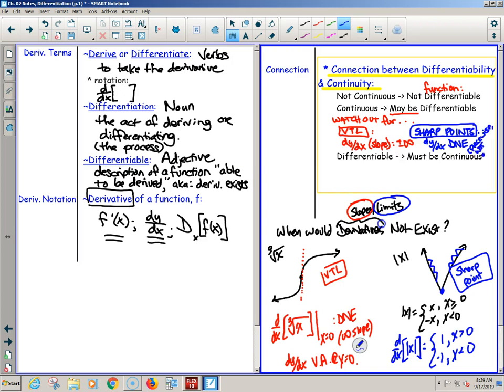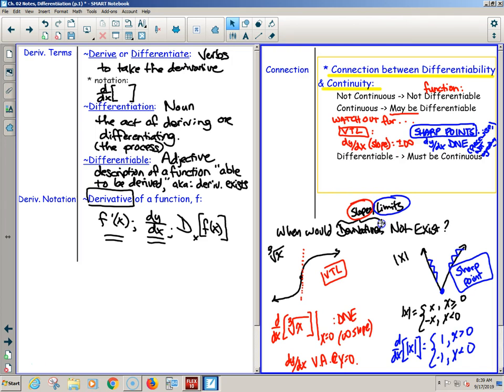Oh dear, sorry. That's rough. I apologize. But still, once again, you're just drawing your attention down here, being like, hey, the slopes do not agree. So this one, the slope does not exist. This one, the limit does not exist. But technically for both of them, the derivative does not exist. Okay, I think that's good enough.